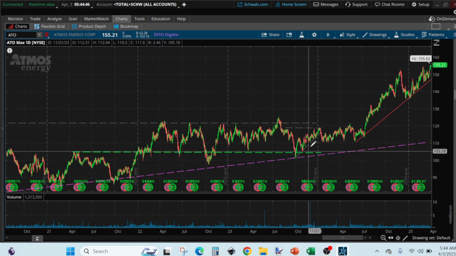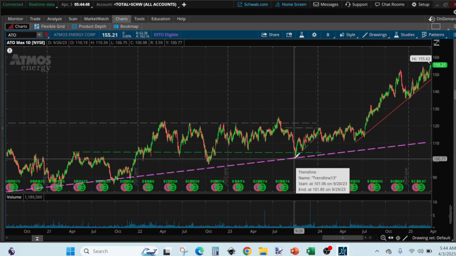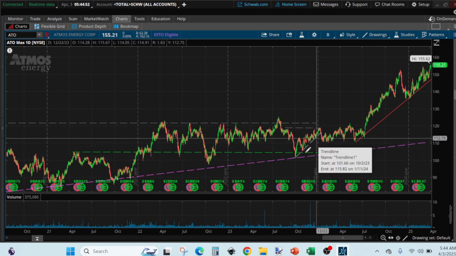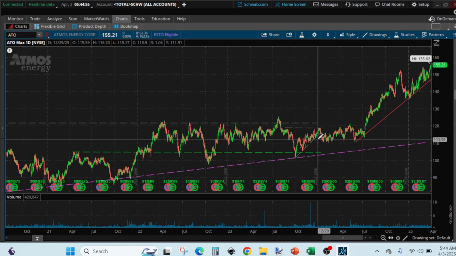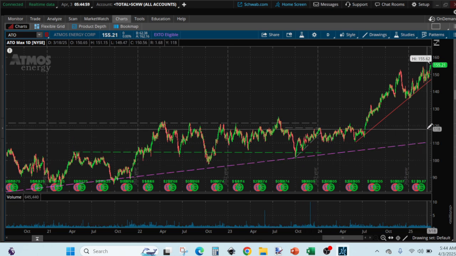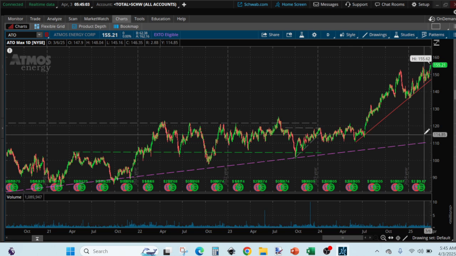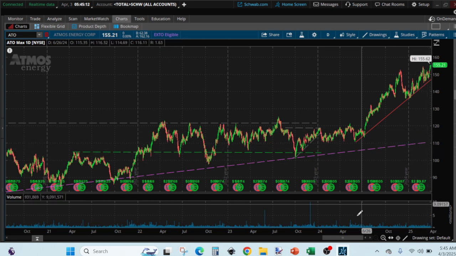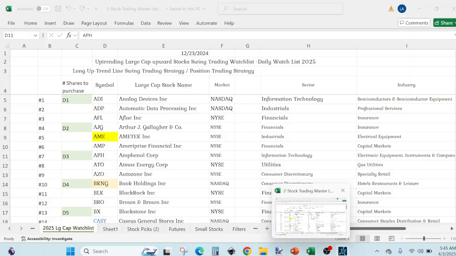So after we see a few higher lows creating an upside, like an uptrend, you see the way I trace it here, then we know that maybe it's done going down and starting to go up, and we can buy at the first or second green bar that follows a pullback after we see about two or so higher lows around the trend line. But right now it's nowhere near that bottom yet.